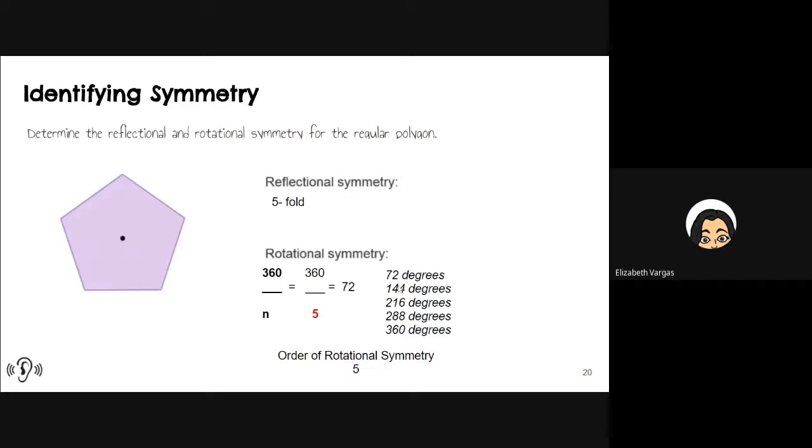And here are all the instances in which we can rotate this figure to get it to map back to where it originally was. Okay, so both reflectional symmetry and rotational symmetry are equal to the number of sides of a regular polygon.